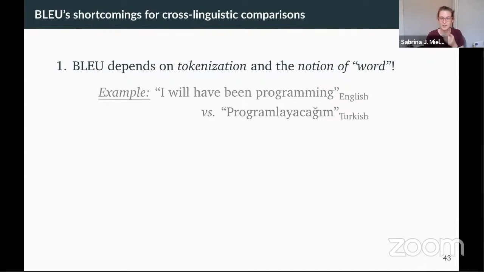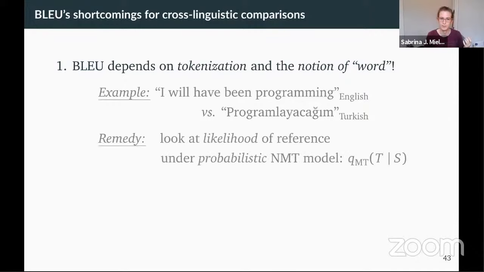And so getting that 1 gram right in Turkish is going to be harder than getting a 1 gram right in English. So translating into different languages, you cannot compare BLEU scores. Now you can compare BLEU scores translating from different languages into the same language. That's possible, but that's not all we want to do. We want to go both ways, right?